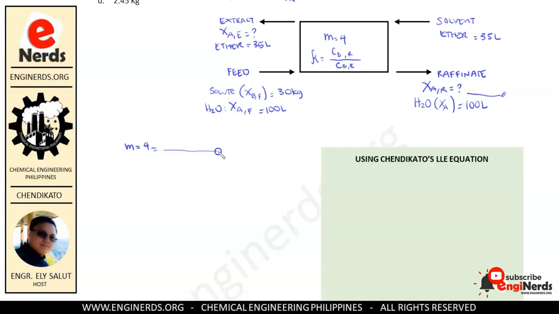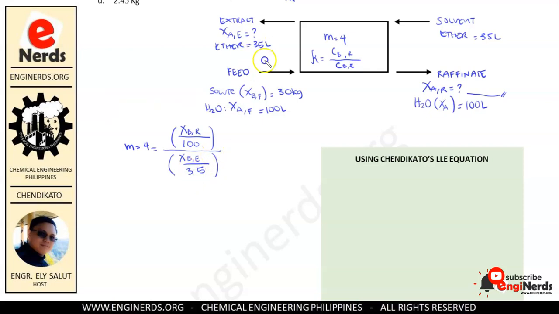So, we have here, so raffinate muna. So, we have the amount of solute na nasa ating raffinate over the volume of our raffinate solvent, no? So, we have here 100 liters. And then, yung amount ng solute na nasa ating extract over yung volume ng ating extract solvent which is 35.